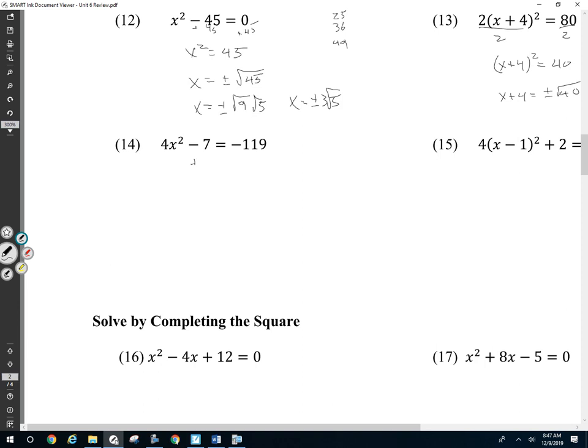Okay, so this guy, I'm going to isolate the x squared by adding 7. Negative 119 plus 7, negative 112. Negative 112 divided by 4 is negative 28.